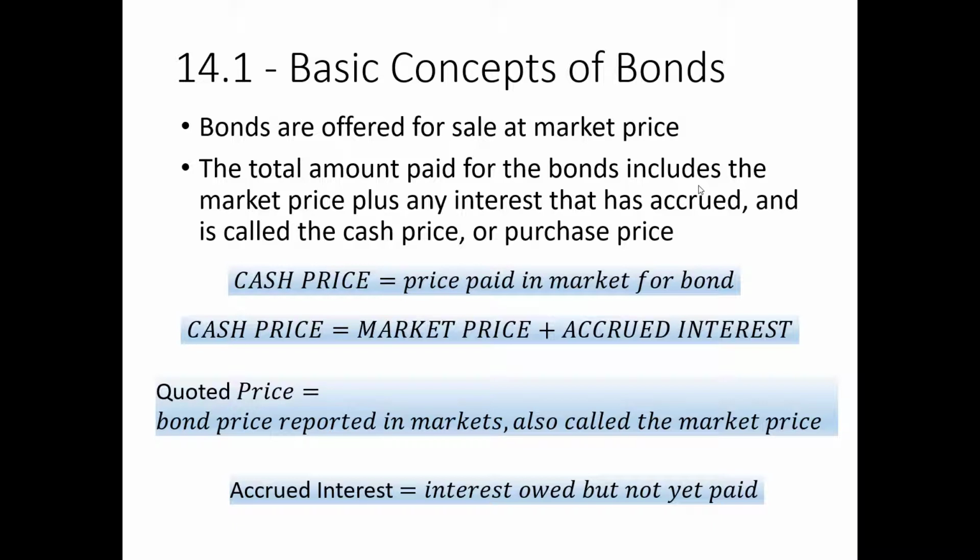But the cash price is the price you actually pay for the bond. And the cash price is essentially the combination of those two steps we were just talking about, right? You take how much is owing at the preceding coupon payment date adjusted for accrued interest, and that's how much you have to pay if you want to buy that bond.